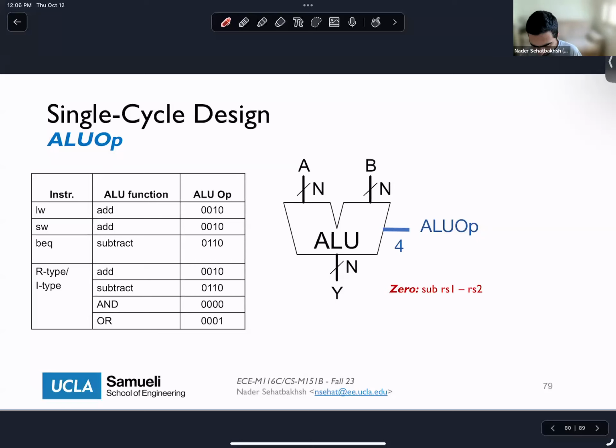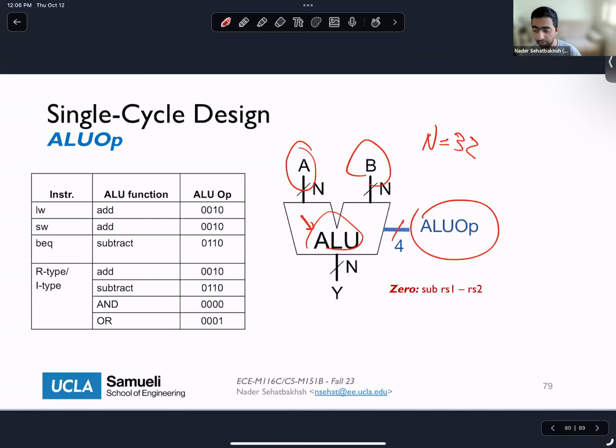First of all, as I told you, the ALU is a unit that takes two n-bit inputs, in this case n is equal to 32 for us, does some arithmetic operation and outputs another 32-bit value. The ALU gets a 4-bit control called ALU op.